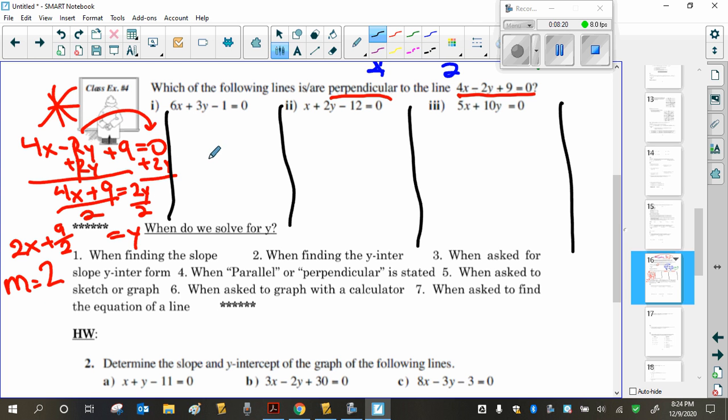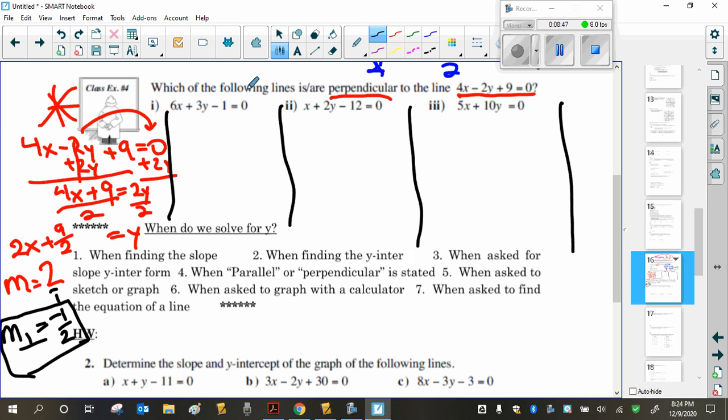And if one of these slopes equals the perpendicular slope, then yes, it's perpendicular to the first line. I can even keep the black. The perpendicular slope of 2 over 1 is negative 1/2. So if any of those lines have a slope of negative 1/2, they're perpendicular.